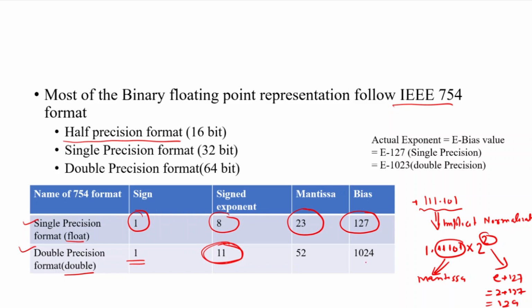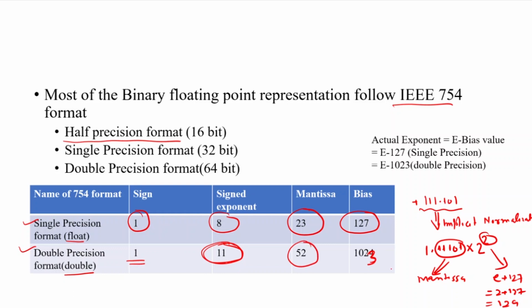Here the bias is 1023, not 1024. And 52 bits are used to represent the mantissa.